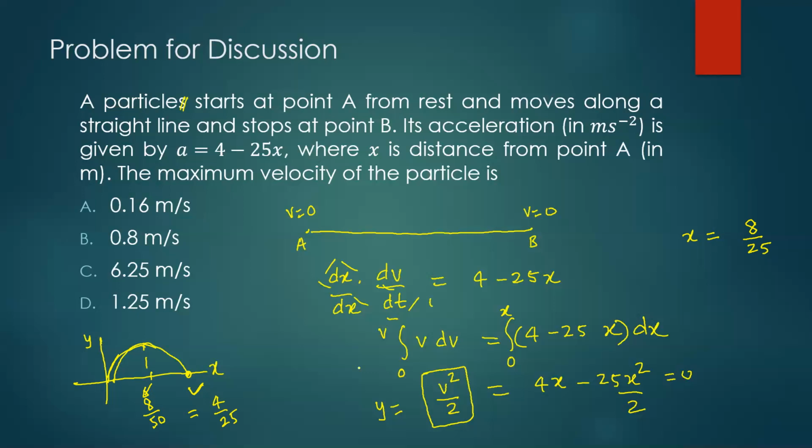Yeah. Okay. So now if I substitute x is equal to 4 by 25, what do we have here? We have v square by 2 is 4x minus 25x square by 2. So let's substitute 4 by 25 here.